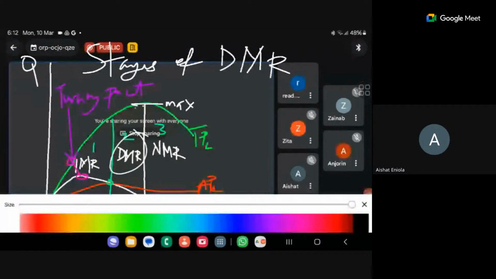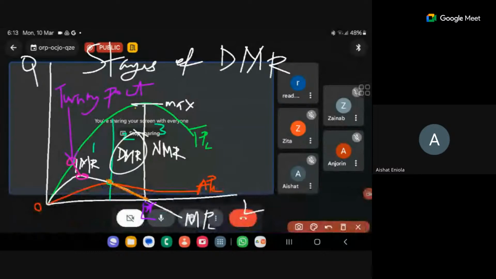So what we like to talk about is the total product and the average and the marginal. AP is falling, but not that much. When you do the MP, it is going down.